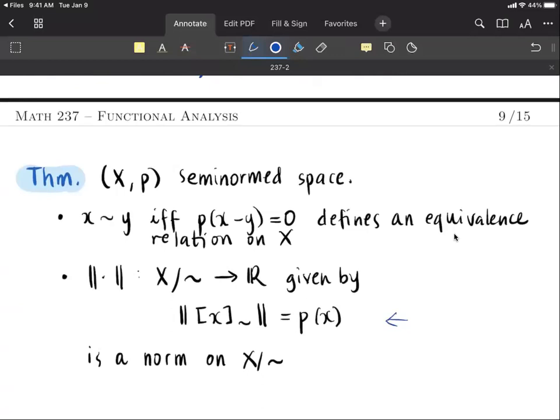In other words, this definition should be independent of the chosen representative for the equivalence class. And indeed, this is in fact a norm on the quotient or factor space. Okay, so we will not go into the proof because the proof is identical with the case of what we did in the metric spaces.